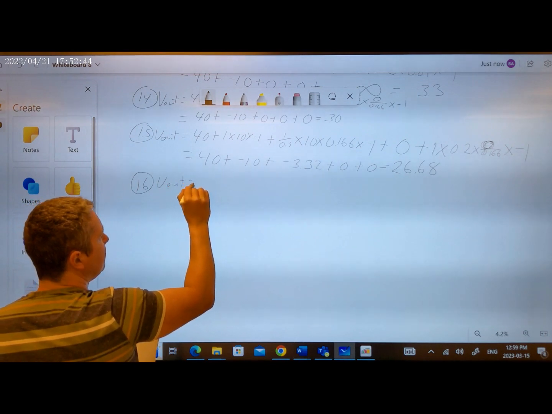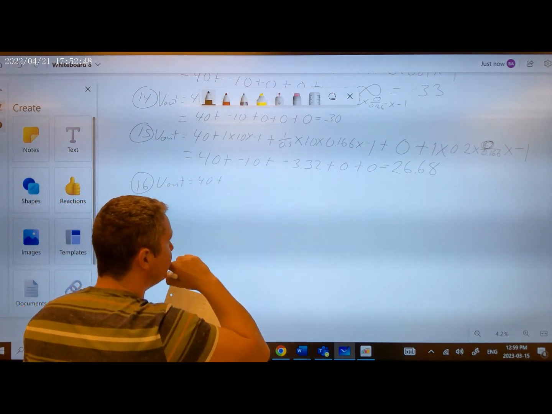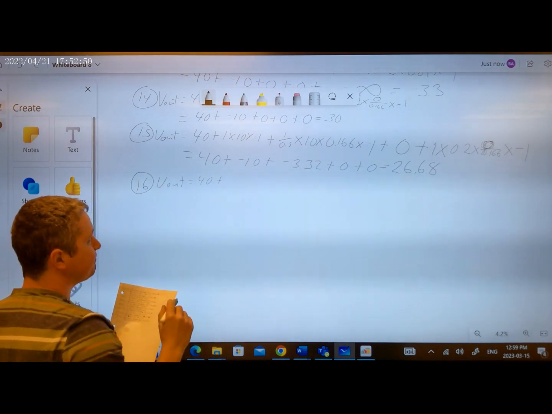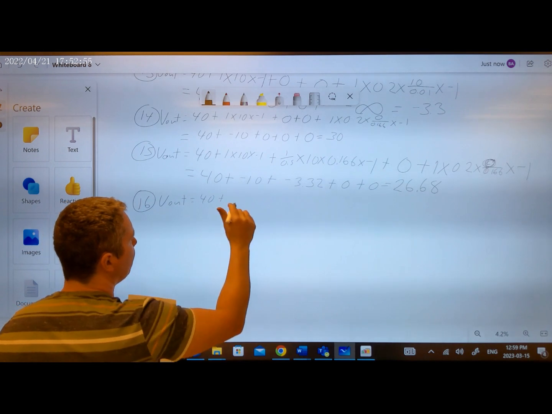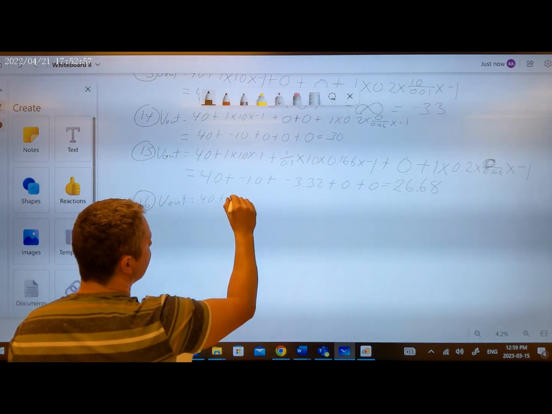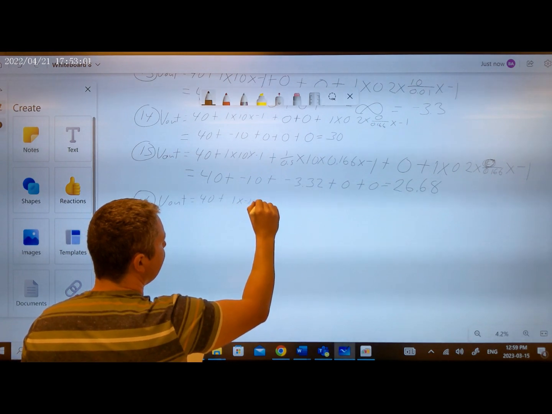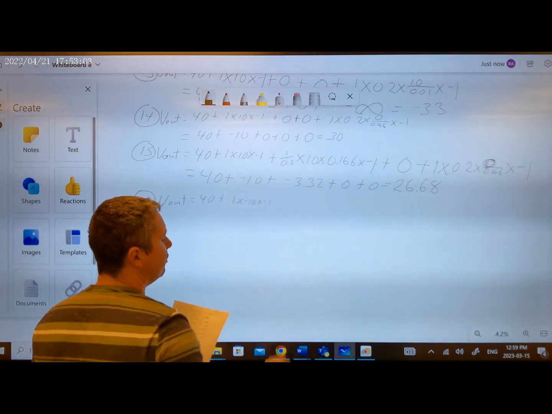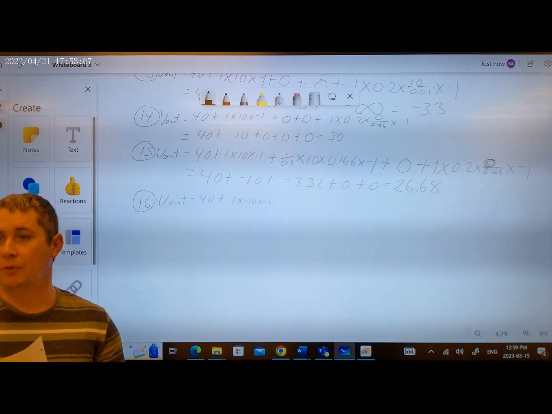V out equals 40 plus, now, we're going to go 1 times minus 10 times minus 1. Notice I didn't stop at the set point. Okay?